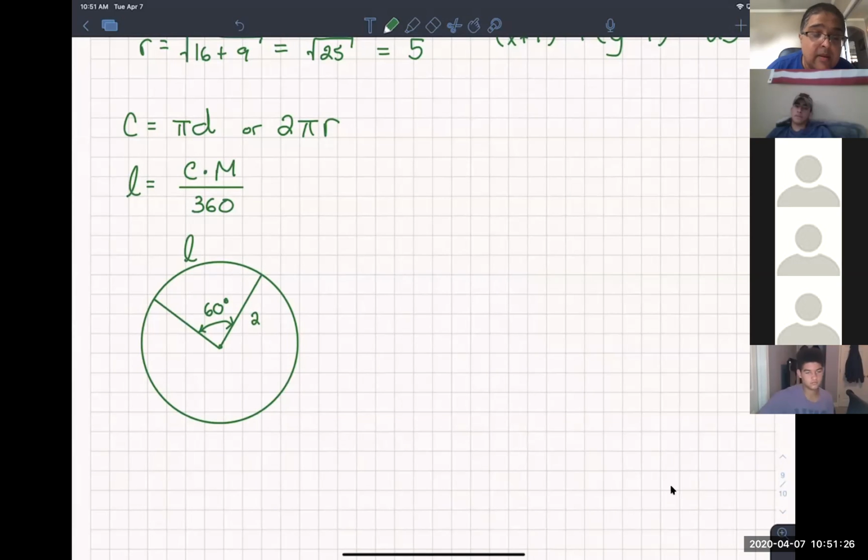Okay. How would we calculate that? How do we calculate the arc length? So first thing, what would be the circumference of this circle?